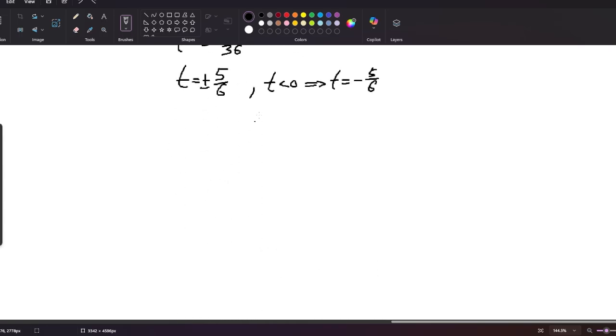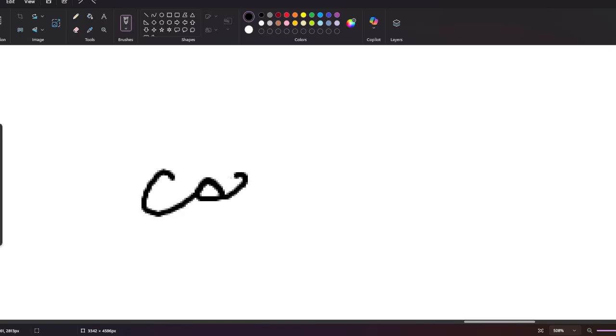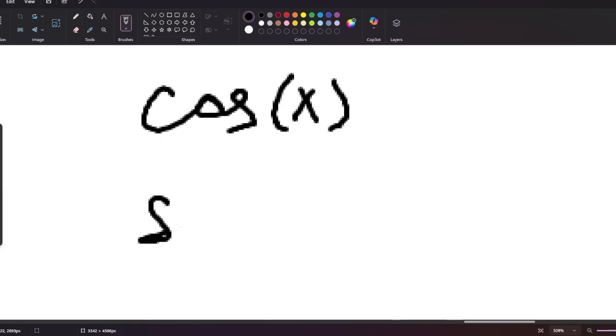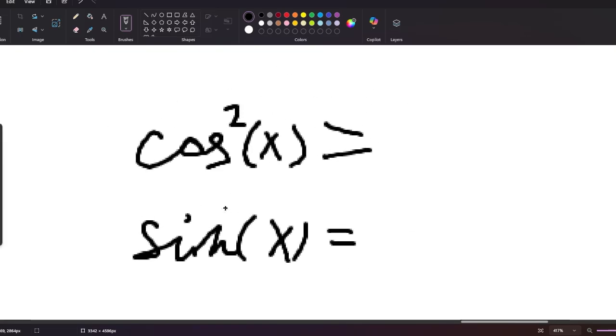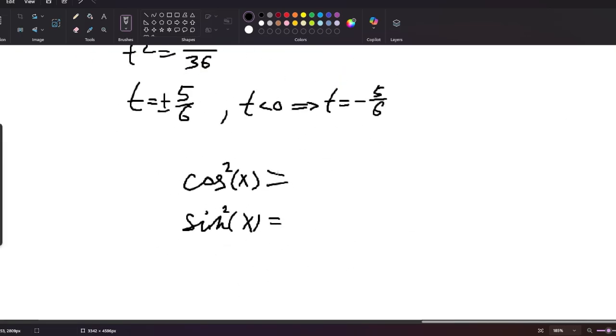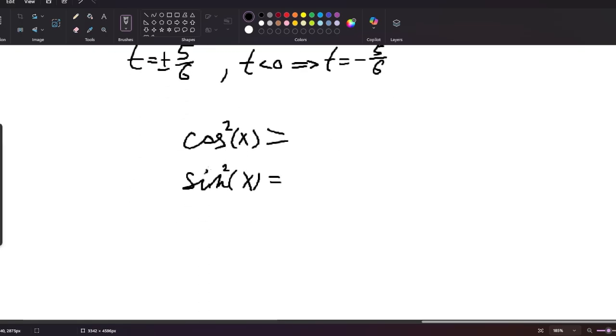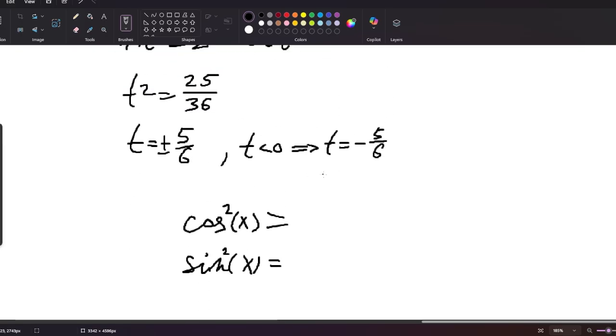Thing is, there are two very nice, amazing formulas. Cosine squared of x and sine squared of x can be expressed in terms of cosine of x over 2, and that would allow us to find them directly.